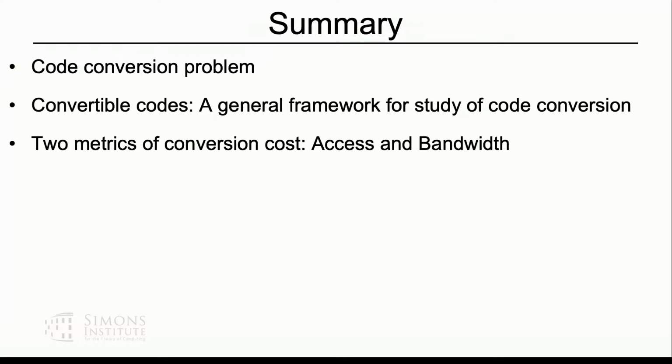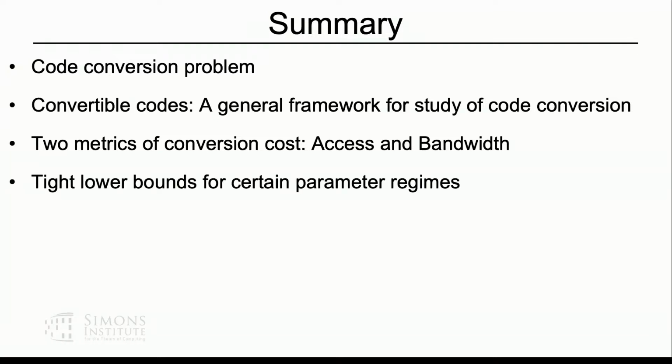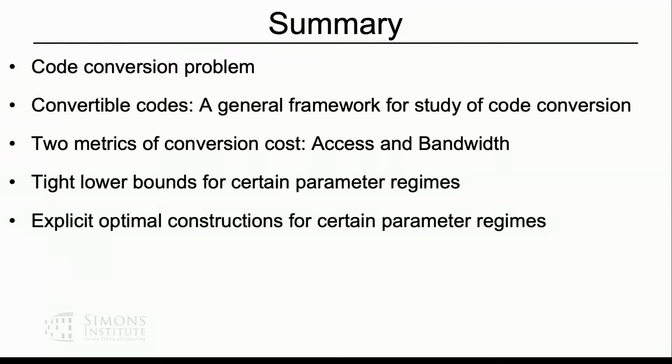We saw two metrics of conversion, access cost and bandwidth cost. There are tight lower bounds for certain parameter regimes for both access cost and bandwidth cost, and some explicit optimal constructions, again for certain parameter regimes for both costs. One of the things that excites me the most about this problem is that there is high potential for real-world impact.